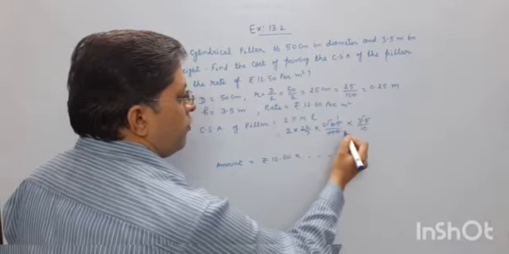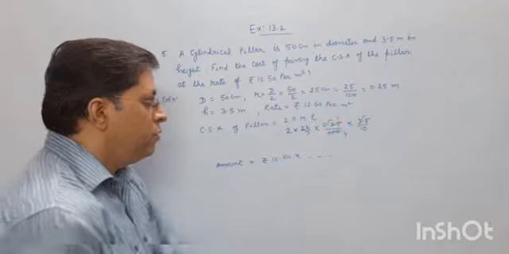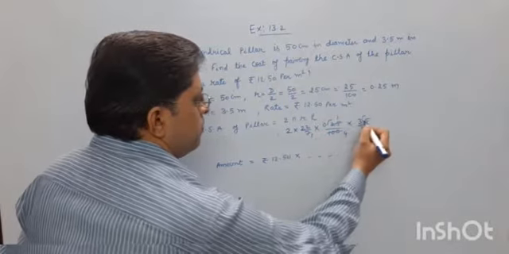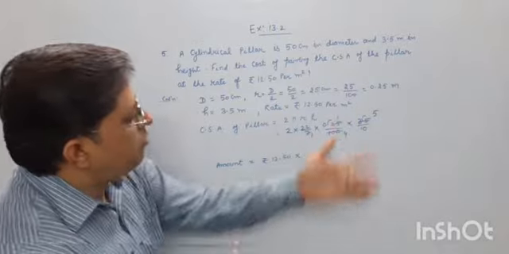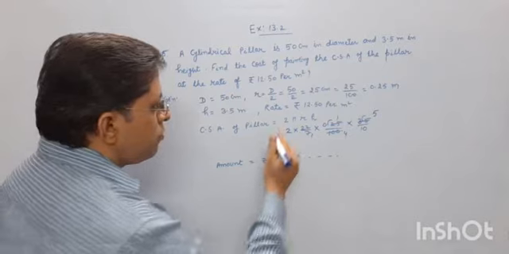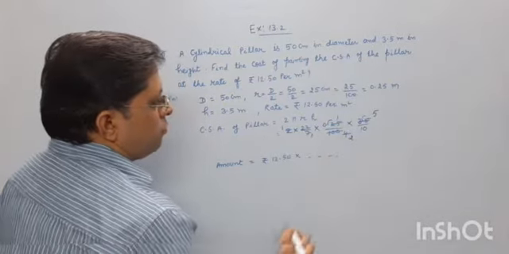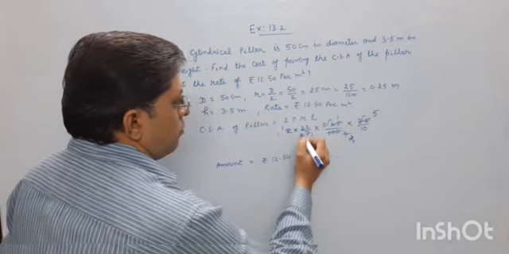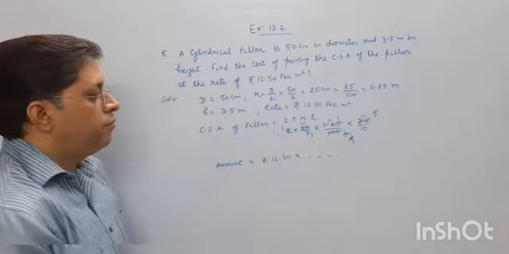25 on that 25, 25 4s are 100. Then here, 7 on the 7, 7 5s are 35. 2 1s are 2, 2 2s are 4. This is 11.